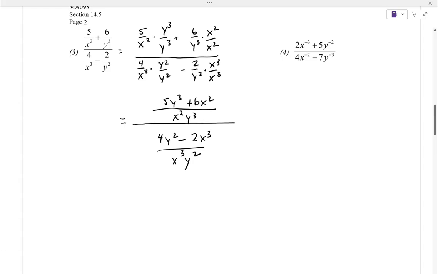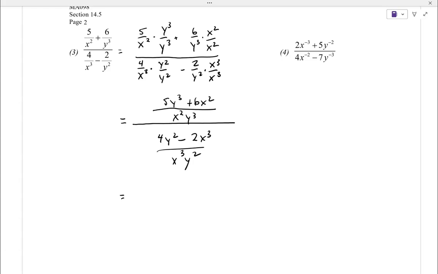So how do we rewrite this before we try to simplify? How does that get rewritten?